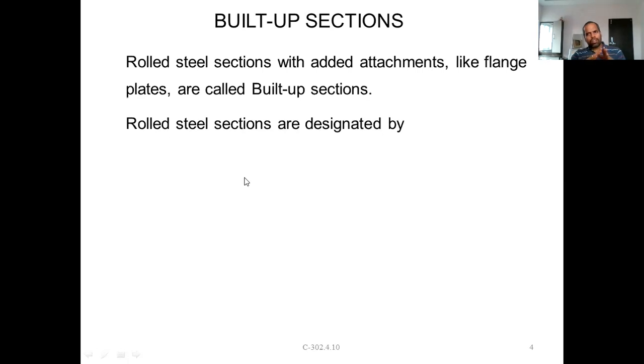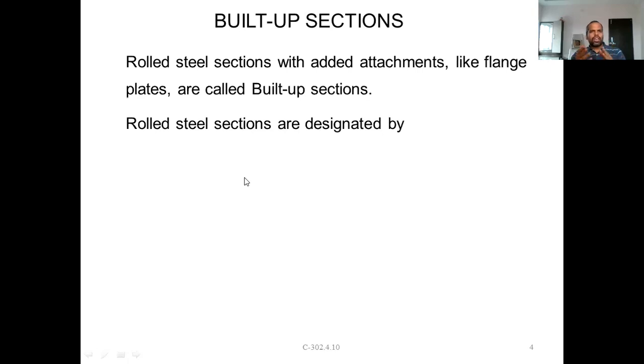So that it will be uniform. Whoever manufactures these rolled steel sections with standard dimensions, the properties shall be the same, of course, right? So like that they are manufactured with some standard dimensions.